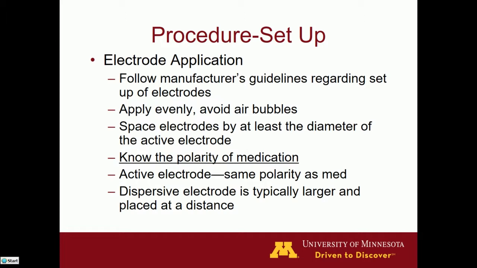Again, that's for patient comfort, but you don't want it too far away either because otherwise the medication could be diluted through the bloodstream. You need to know the polarity of your medication so you know which is the active electrode.